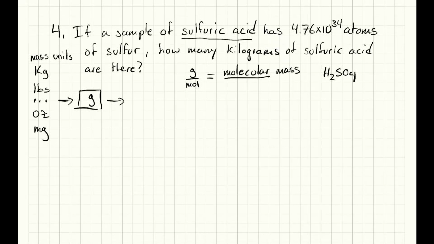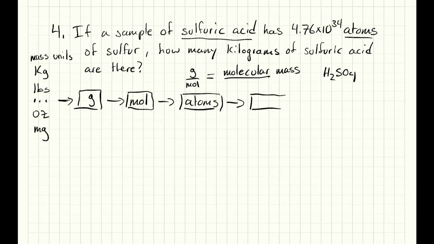So from grams we would go down to moles. And then for moles, we can use Avogadro's number, 6.022 times 10 to the 23, down to atoms. Oops, made this box too small. And then from atoms, like in this problem, if we're given atoms, we can go back up to moles.